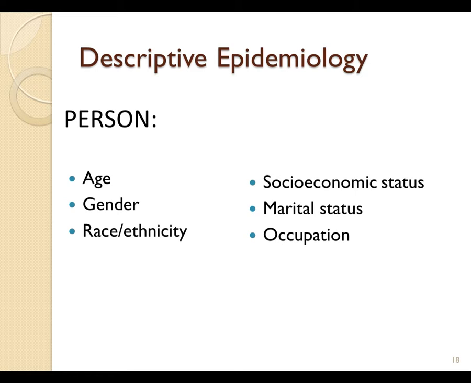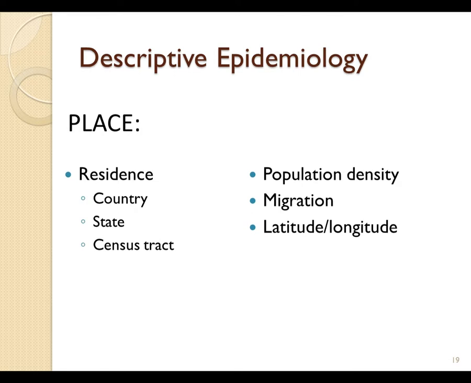We want to know who has the lowest or highest disease rates in the population. Do disease rates differ by age, gender, race, ethnicity, socioeconomic status, marital status, occupation, or other person factors? When we're discussing place, we're concerned with the lowest and the highest disease rates for a population.